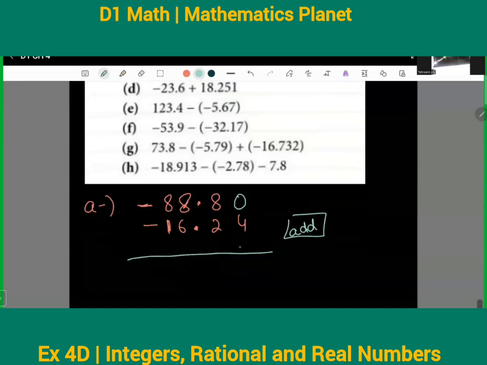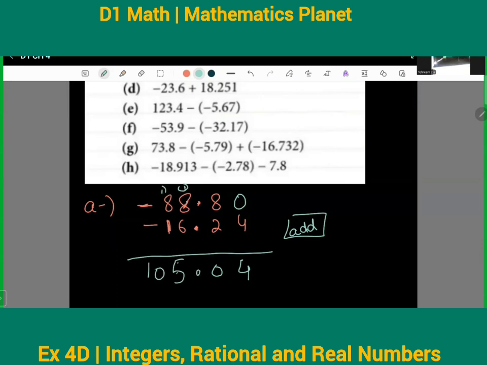So 0 plus 4 is 4. 8 plus 2 is 10. 1 carry. 8 plus 1 is 9. 9 plus 6 is 15. 1 carry. 8 plus 1 is 9. 9 plus 1 is 10.